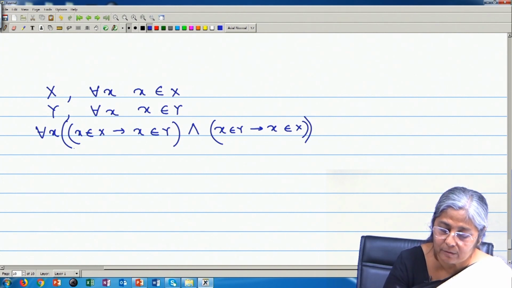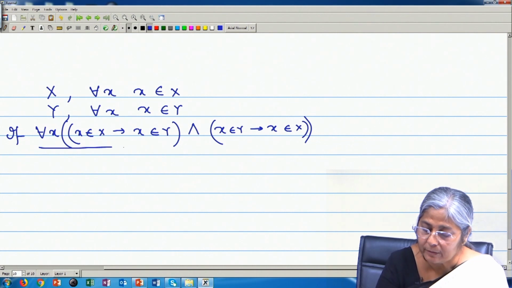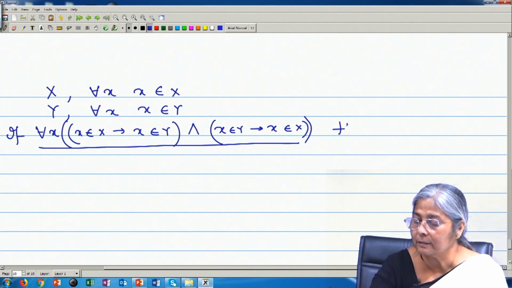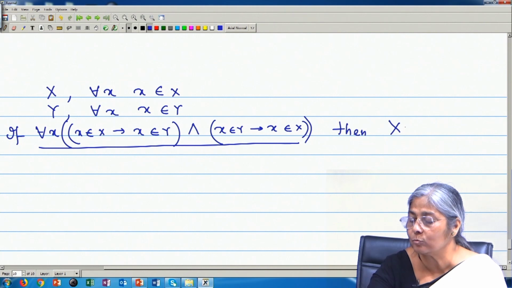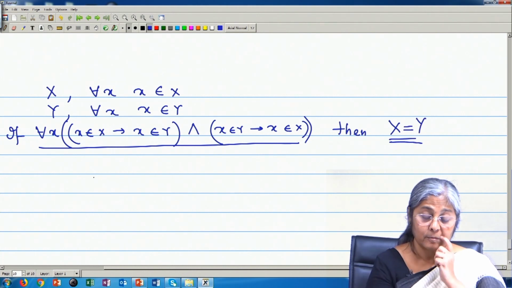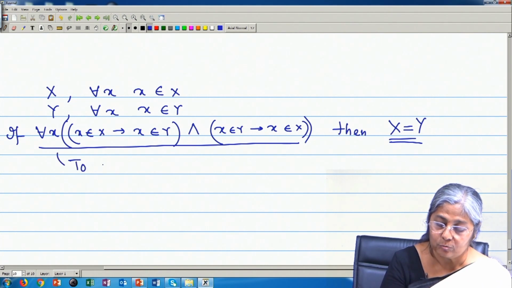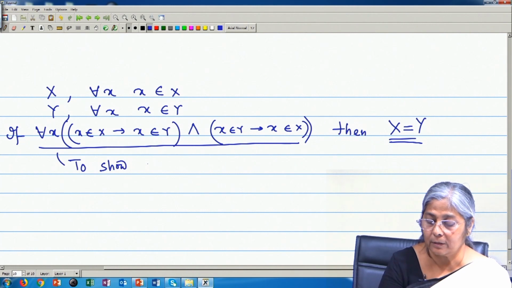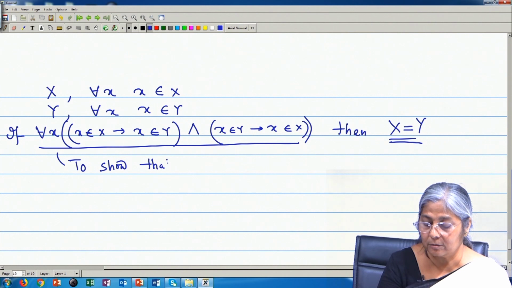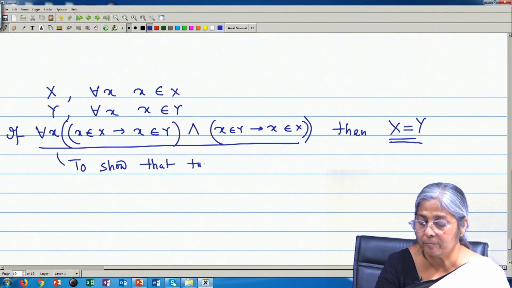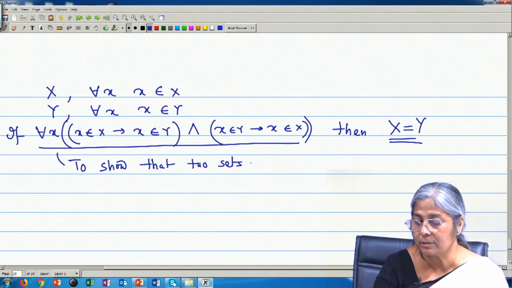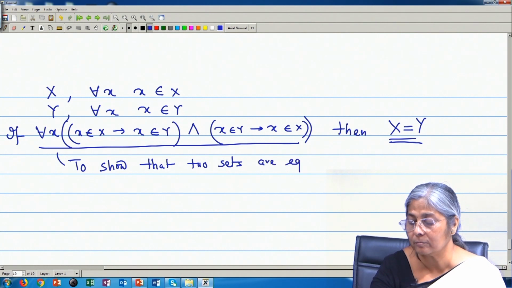Then, if this is true, I can say the two sets are equal. So, this is the way to show that two sets are equal.